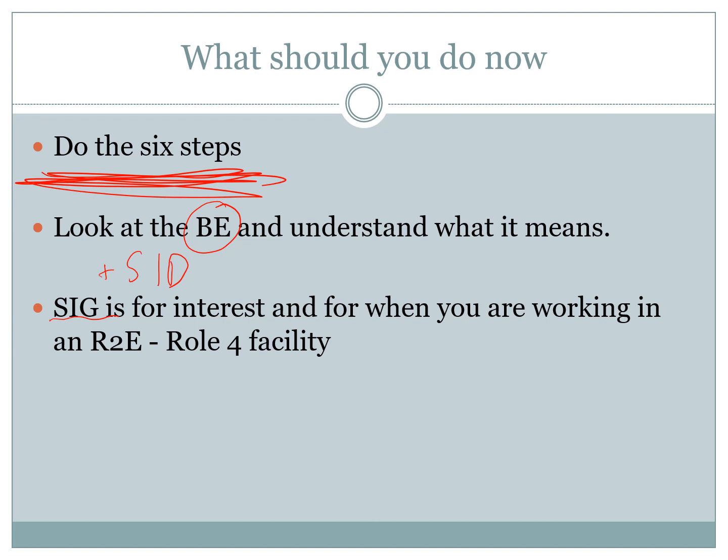So start looking at the base excess, realizing that it means it's a metabolic problem. Look at your strong ions, see if they relate to your acid-base problem, and then for your interest, you can start looking at the strong ion gap.